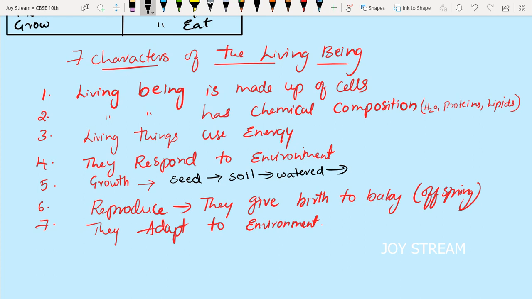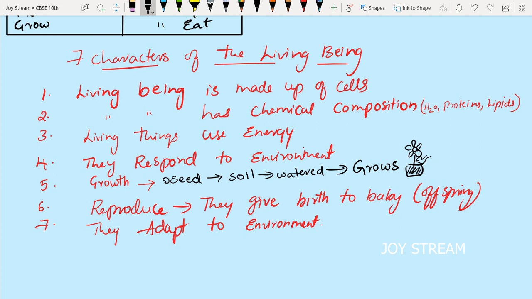What do you observe? Slowly it grows into a plant, right? First it was a seed, next it grows into a plant. So what do you observe? You observe growth from the seed.